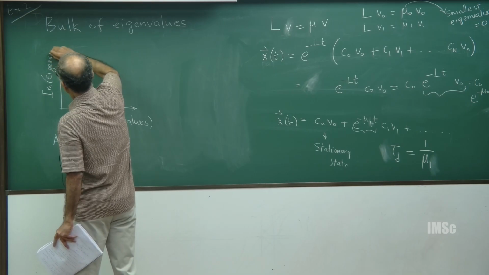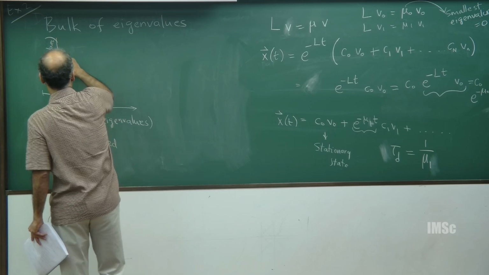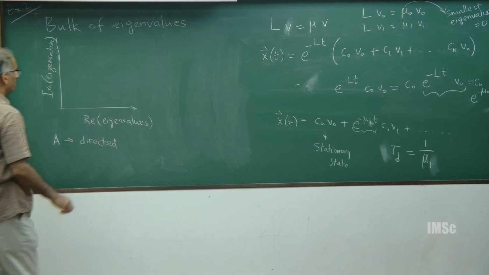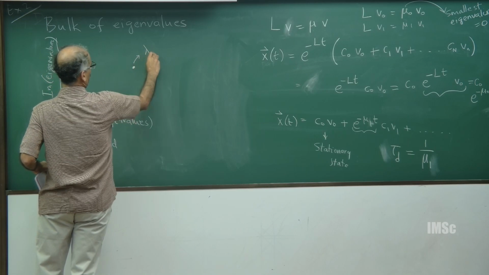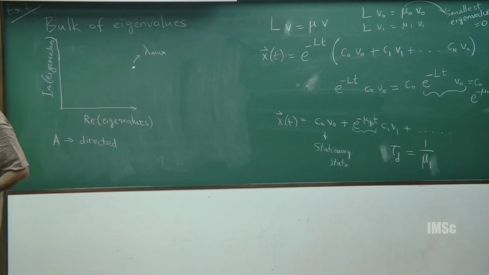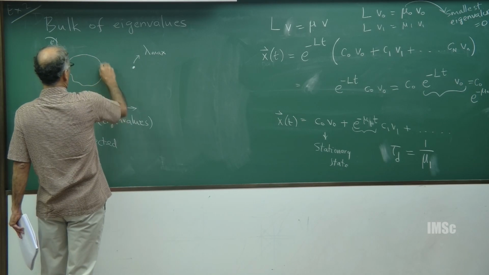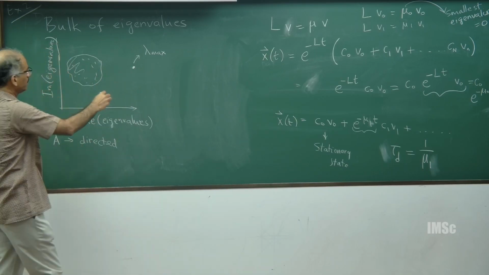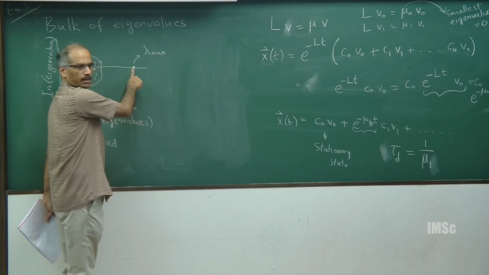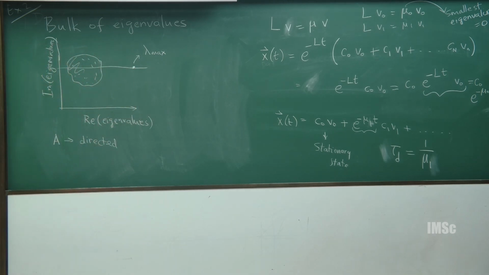What you will typically see is that there is one large eigenvalue, which is what you call lambda max or lambda 1, whichever way you want to call it. Here I have called lambda max as lambda 1, and the rest of the eigenvalues are typically clustered around here. This one is an outlier, and it is guaranteed to be a real number from what is called the Perron-Frobenius theorem.